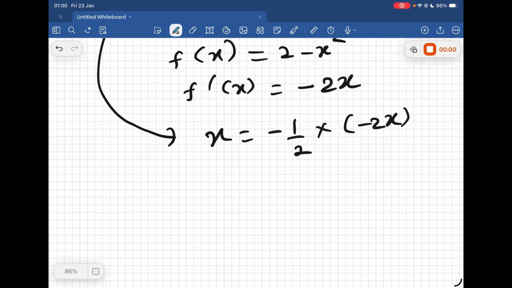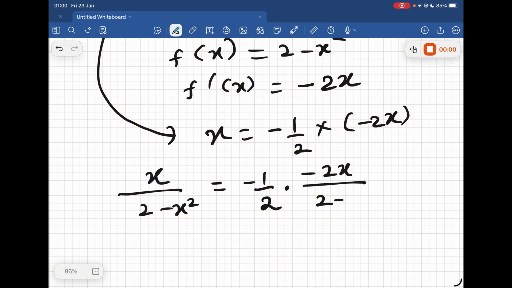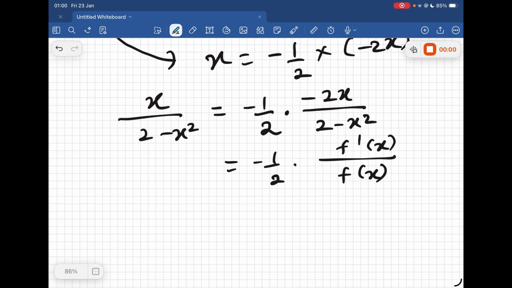So the idea is, I can write x over 2 minus x squared as minus one half times minus 2x over 2 minus x squared. If you consider 2 minus x squared as f of x, minus 2x is f prime x.